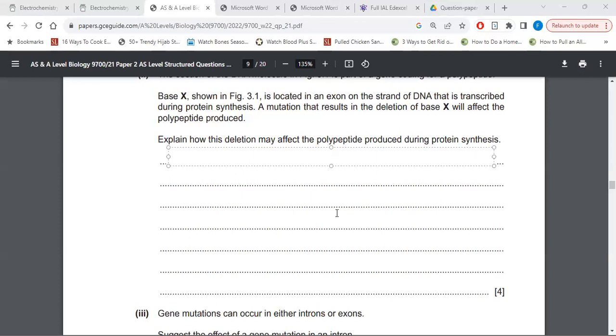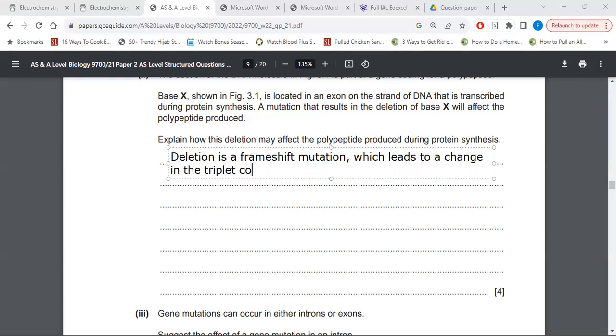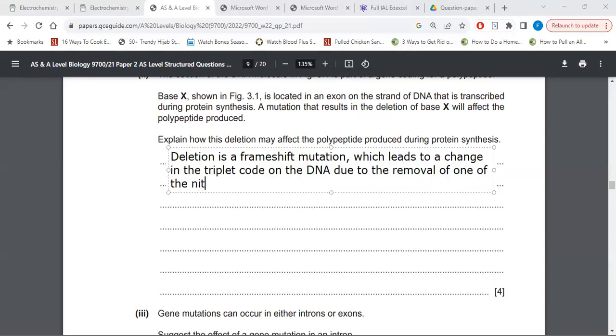So you can go ahead and say that deletion is a frame shift mutation, right? Which leads to a change in the triplet code on the DNA due to the removal of one of the nitrogenous bases, right?